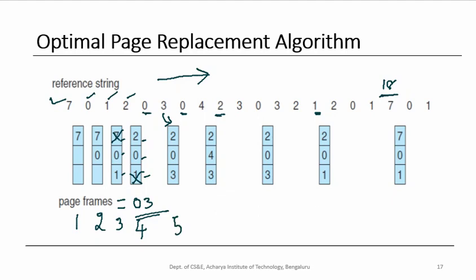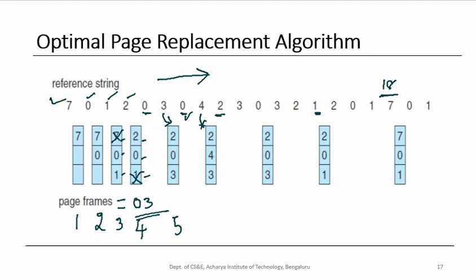Now 0 is there in the memory, so this will not cause any page fault. Now 4 is not there in the main memory, therefore you will have to replace one of the pages. See which page to replace now. If you look at the memory, 2 is there.